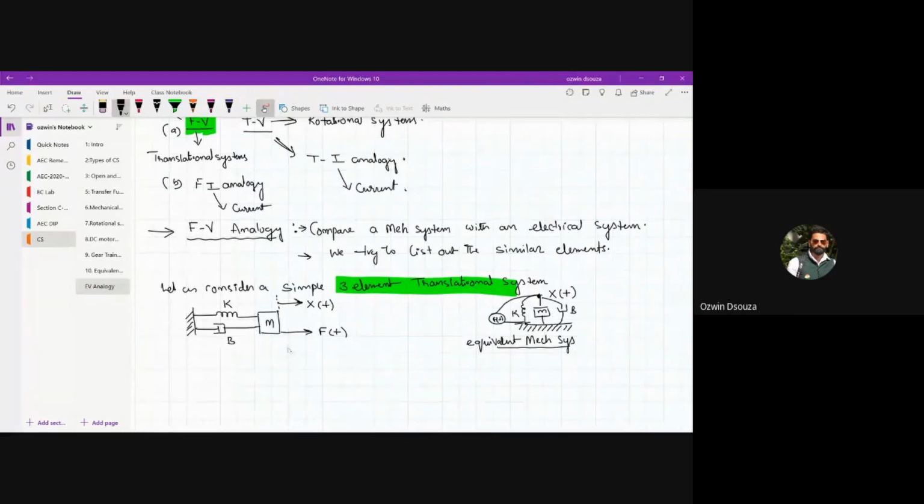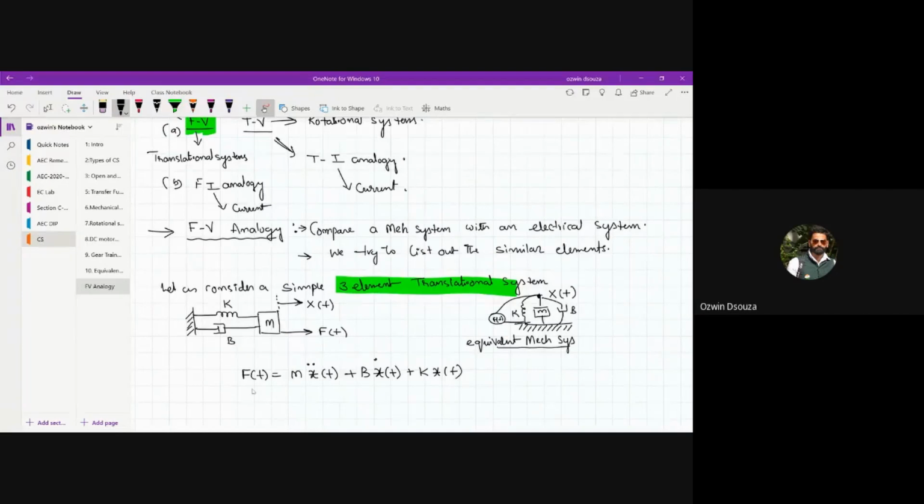Then let us write down the differential equation: f of t is equal to m into x double dot of t, that is d square x by dt square, plus b into x single dot of t, plus k into x of t.